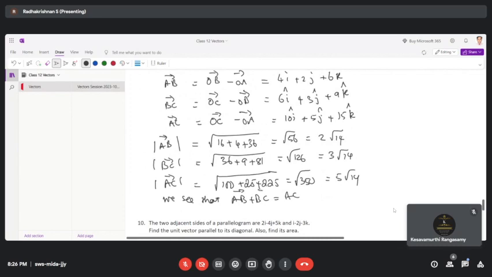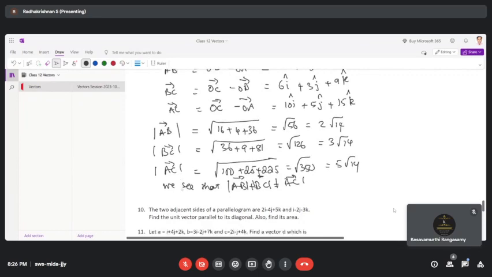Okay, magnitudes. AB plus BC is always AC, but the magnitudes are not always the same. The magnitudes are the same if they are collinear only. So hence the 3 points are collinear.